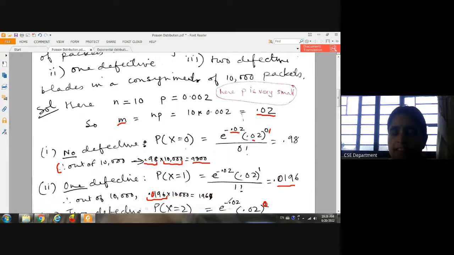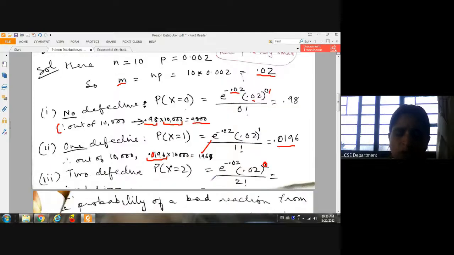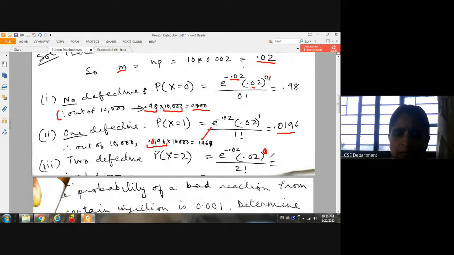You will get 196 as the correct answer. Okay, 2 defective, similarly, whatever probability you have calculated here, you multiply by 10,000.